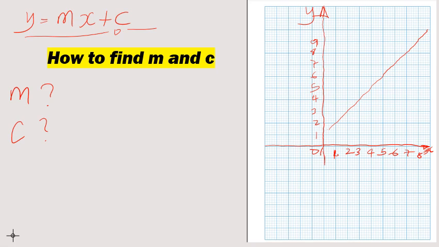If you look at this straight line, we can, let's say, choose any 2 points. Let's say that's point A, and maybe that's point B. Okay.